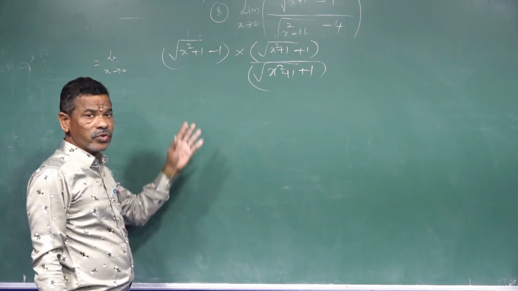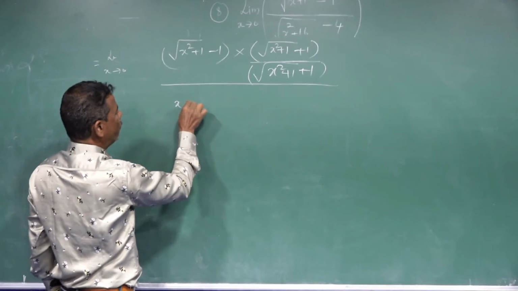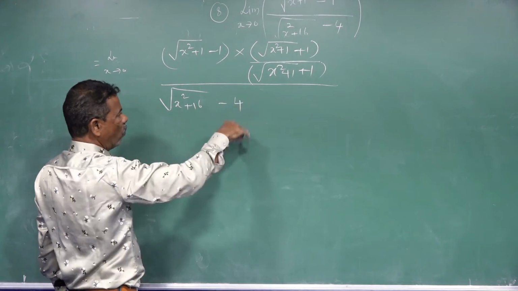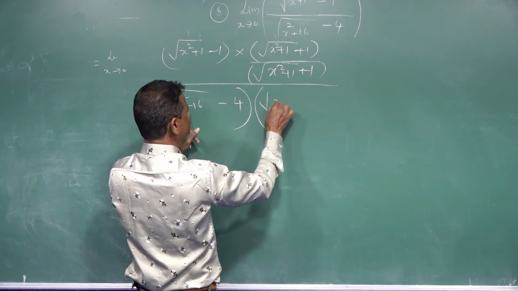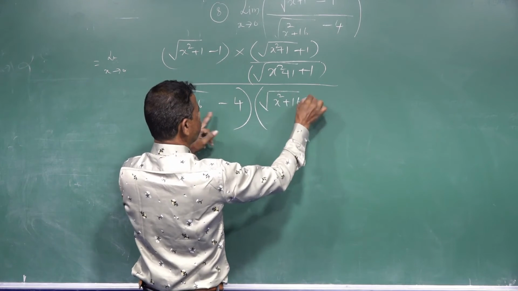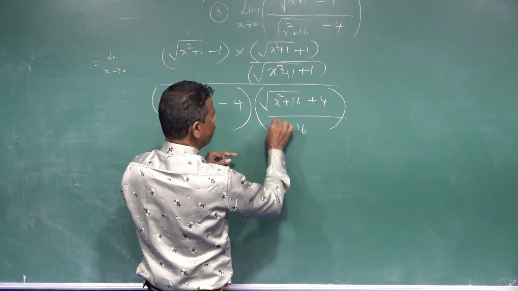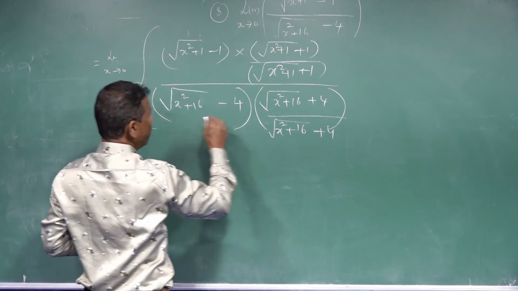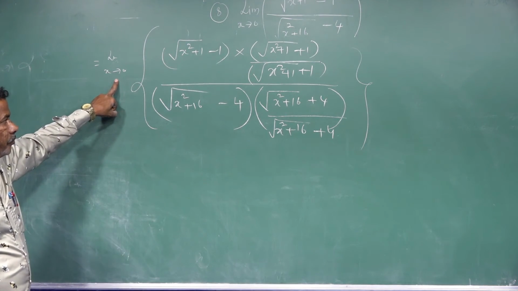That rationalization is over. After that, the denominator, root of x square plus 16 minus 4. For this purpose, the rationalization factor is root of x square plus 16 plus 4 by the same, for the whole limit x tends to 0.